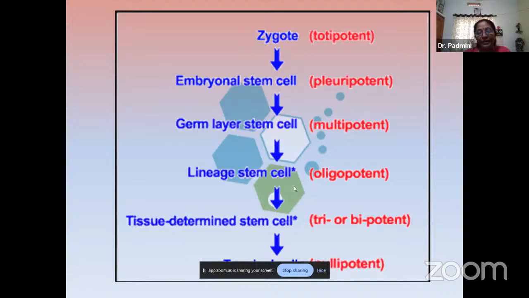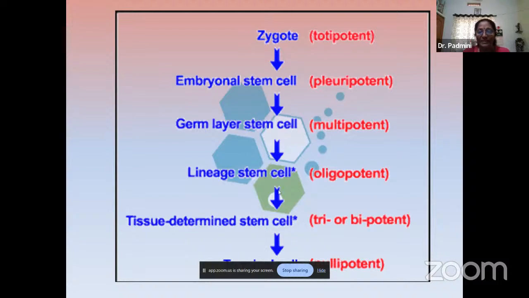Then, as you can see in this picture, it is going to get restricted as the timeline increases. So from the oligopotent, they are going to form tissue determined stem cells, that are called tri or bipotent. Either 3 or 2 different types of cells can be formed.